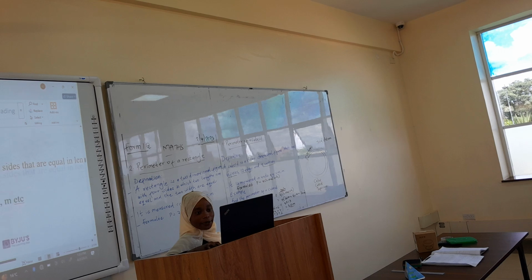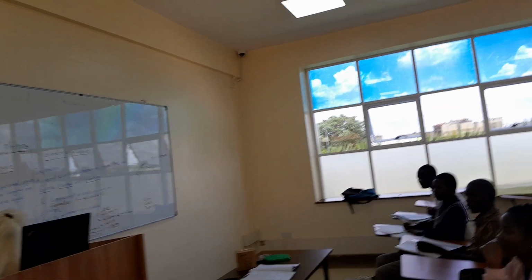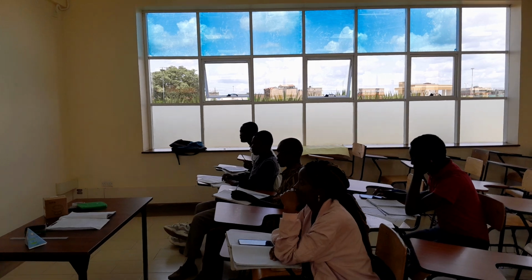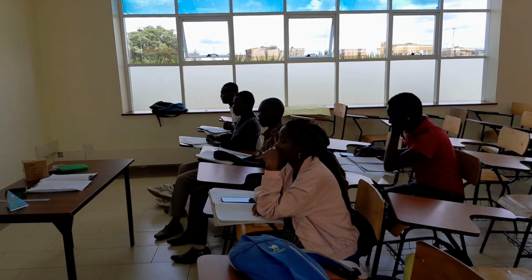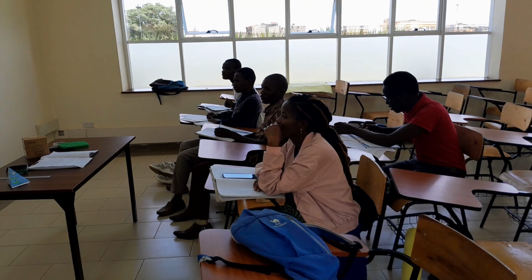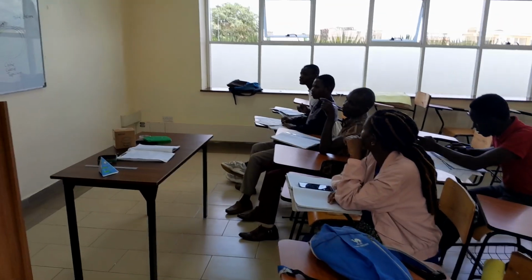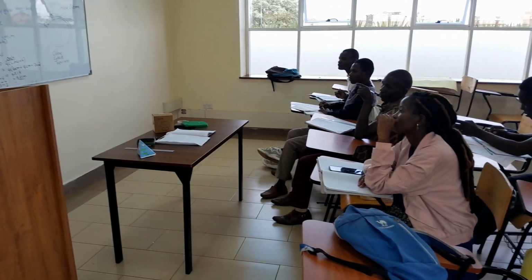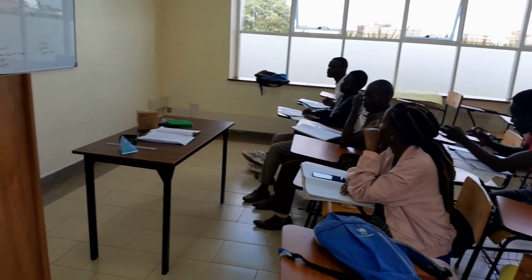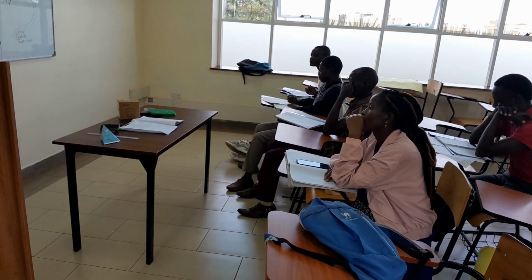Okay, so Karanja, you asked why we are multiplying by 2 and not 4. Can you explain to the rest of the class why we are multiplying by 2? I think I understand the concept better now. You have already explained it this morning. So you understand? Yes. Okay.